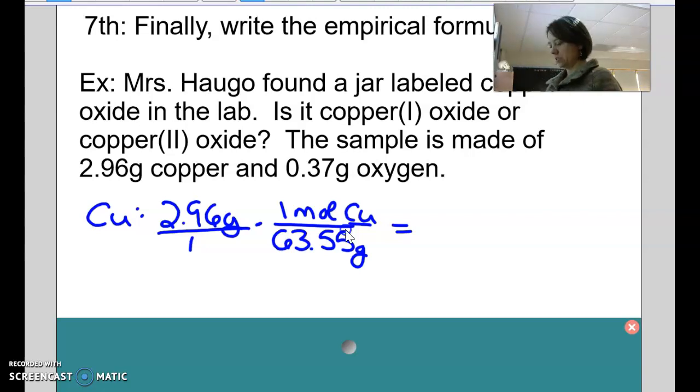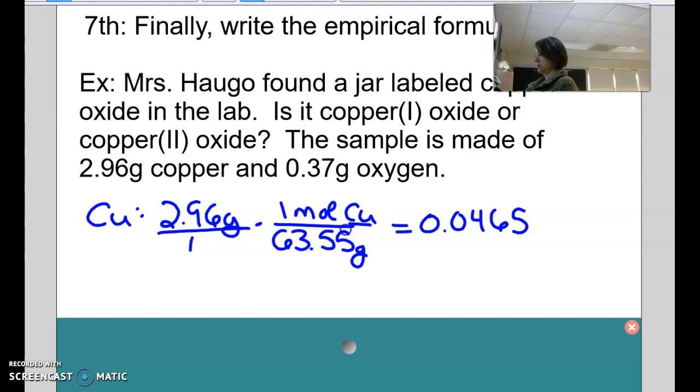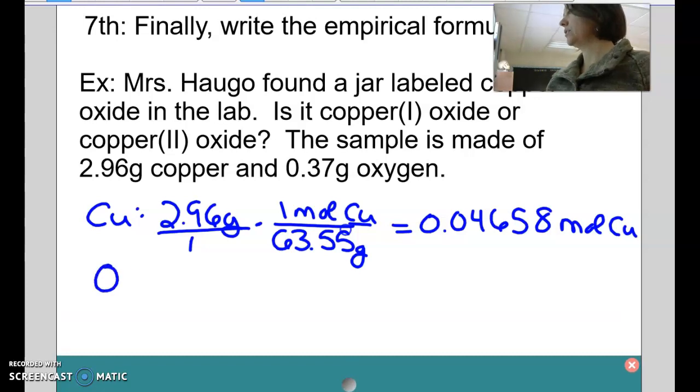So 2.96 grams is, we're going to do 4 sig figs, 0.04658 moles of copper.